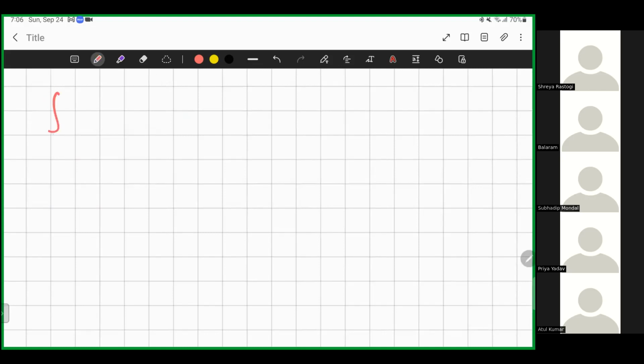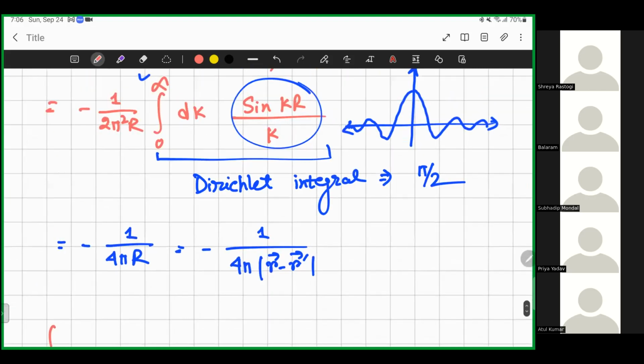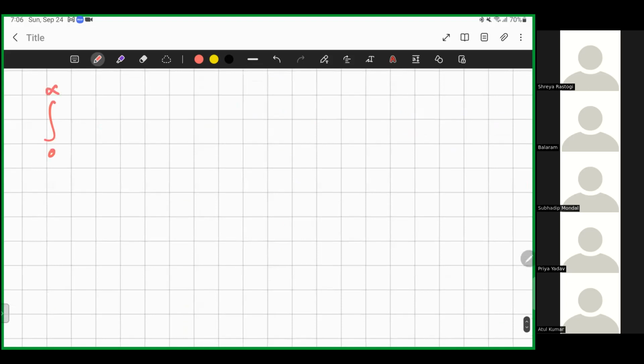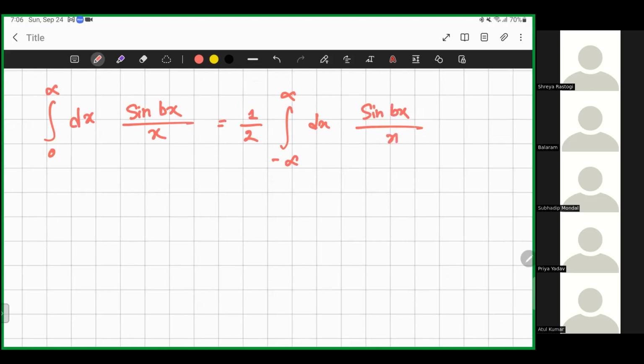This integral, 0 to infinity. In general, the form is we can write it as dx sine bx by x. So this is the integral. If we want to evaluate this integral, we can write it as half of, because this is a symmetric function, the integral of sine bx by x from minus infinity to plus infinity.